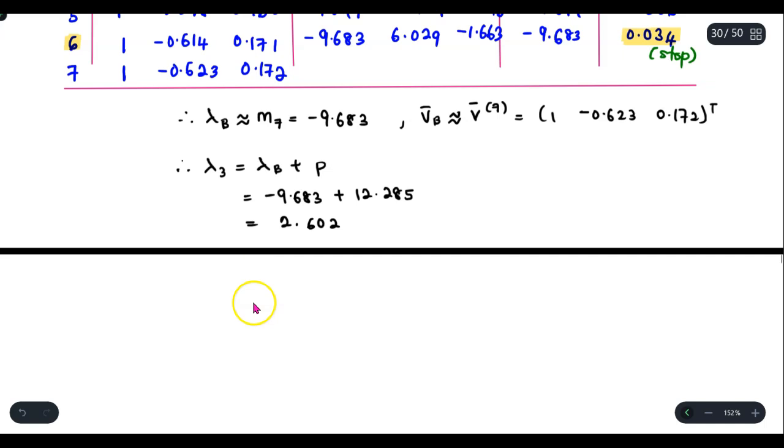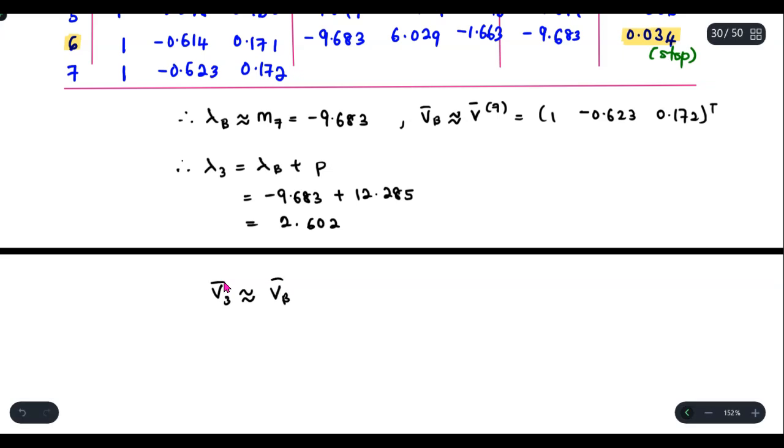The question also asks you to find the associated eigenvector to your smallest eigenvalue. So you have the lambda 3, and the associated eigenvector is V3, which can be approximately VB.